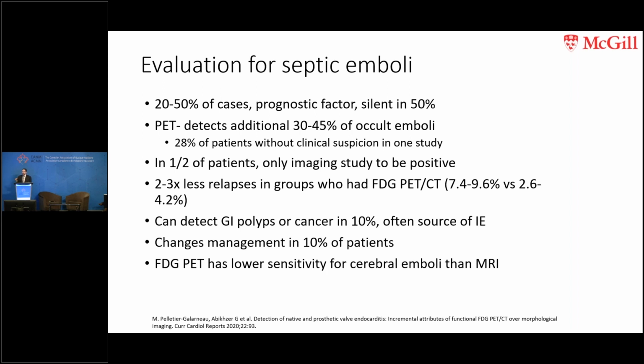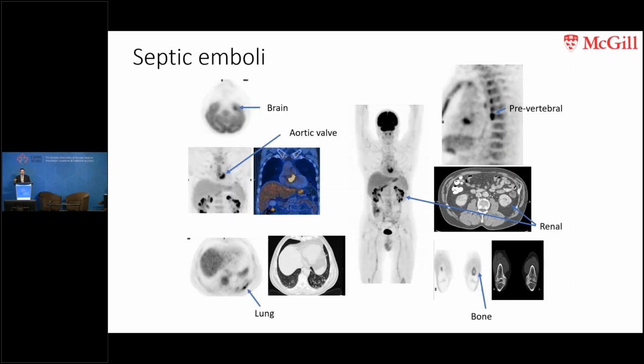Patients who have a PET scan have 2 to 3 times fewer relapses than patients who don't, because you're able to identify the septic emboli, treat them locally, and therefore reduce the risk of relapses. And in 50% of the patients, the PET scan is going to be the only imaging study to detect the septic emboli.